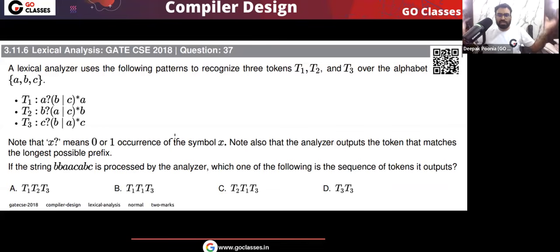Okay, why are they solving standard university questions? So you can tell those people that standard university questions, the standard resources questions, they come in the GATE exam directly. Okay, and it's just a matter of time. Maybe next year, or maybe in the future GATE years, maybe all these questions that we have seen in this lecture, all the variations that we have done, maybe they will come in the GATE exam in the future. Okay, so it will benefit all the GO Classes students.